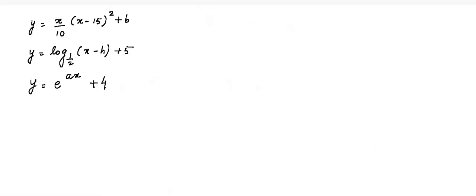Let's substitute the value (0, b) first of all in equation 3. If you plot this one, you will be able to find the value of b, and the value will be 5. Now you can substitute this b here, and the equation will be formed like this.